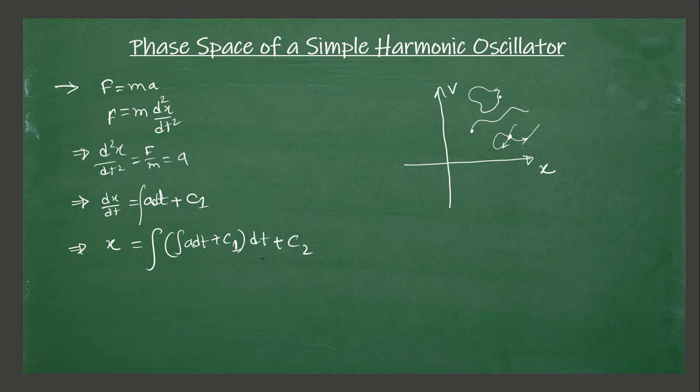So for a periodic motion, we'll have a closed loop like this. For these phase trajectories, we always have to specify a direction. That is, with increasing time, in which direction the points in this phase space will move. Is it like this, or like this?